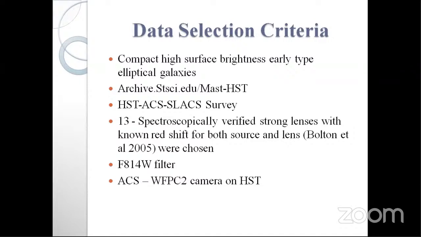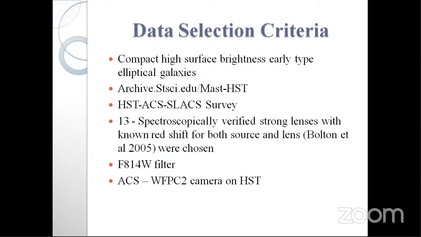Now, the criteria for the data selection: as the project suggests, this is astronomy with archival data. So, for high surface brightness compact elliptical galaxies as lenses, we have selected 13 spectroscopically verified strong lenses of known redshift for both the lens as well as the source galaxies from the archive, masked HST.